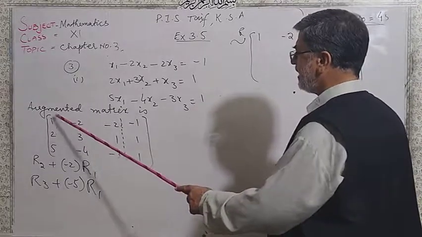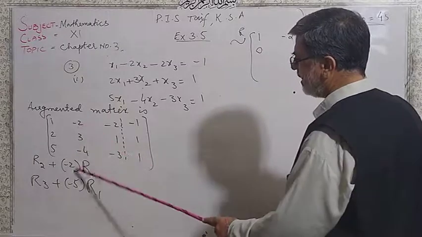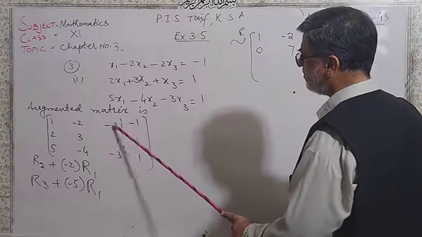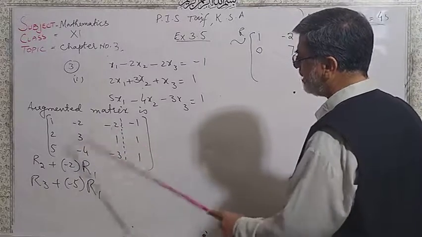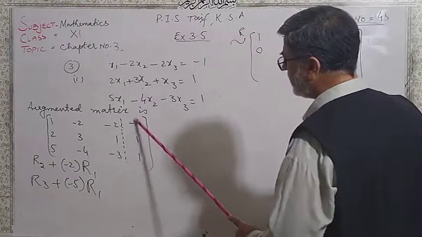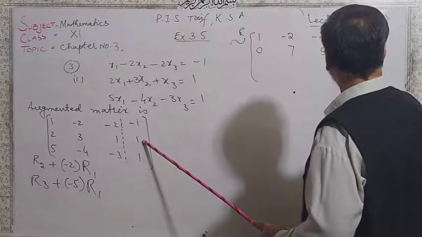This is multiplied by minus 2 and added here, this is 0. Here multiplied by minus 2 becomes 4 and added here, that will become 7. This is multiplied by minus 2, it becomes plus 4, added here, it will become 5. This is multiplied by minus 2, that will be plus 2 and added here, this will become 3.